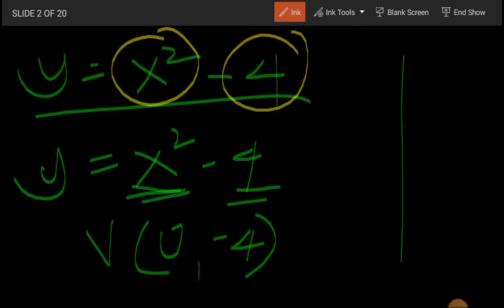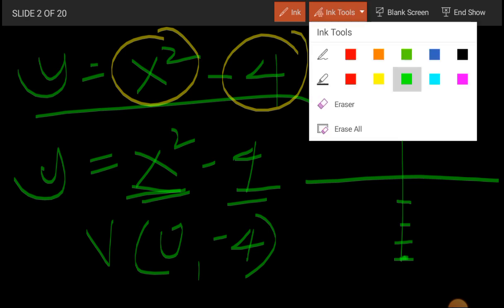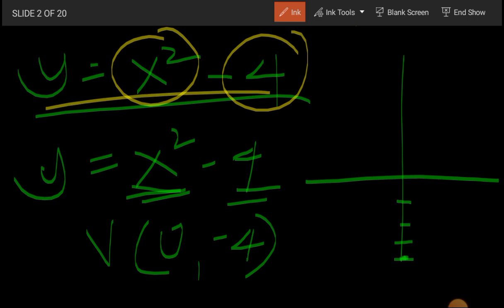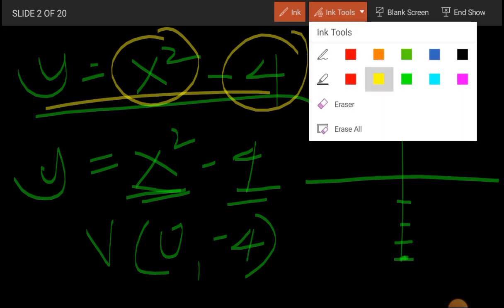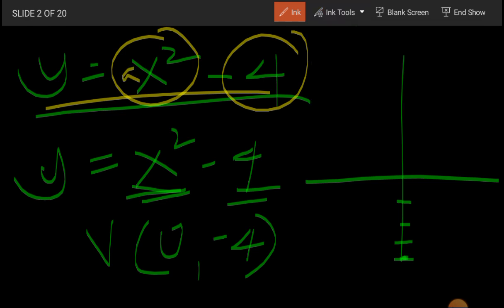When we sketch the graph, more or less the vertex is found here, and since a, the coefficient of x squared, is positive, the parabola opens upward, like this.